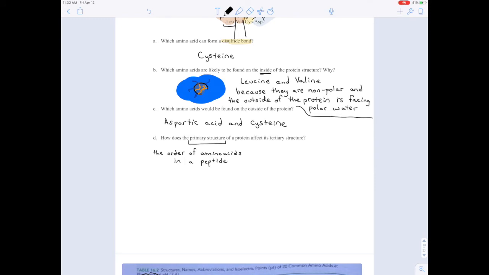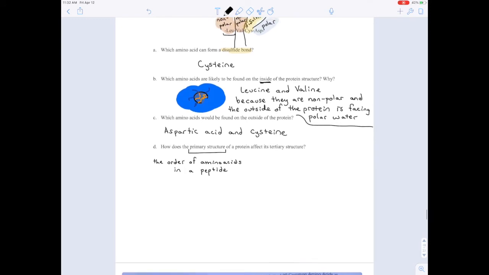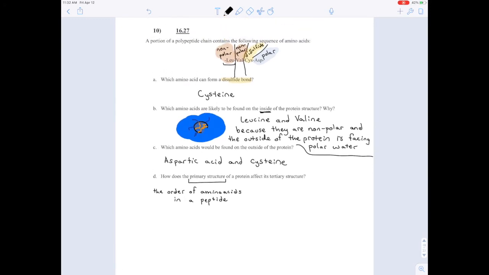So here they say, how does the primary structure affect the tertiary structure? The order of amino acids is the primary structure. Here we have leucine first, then valine, then cysteine, then aspartic acid. If we were to put aspartic acid first, that would change the order, and so it would change the primary structure. The tertiary structure is how that chain of amino acids, so how a peptide folds globally.